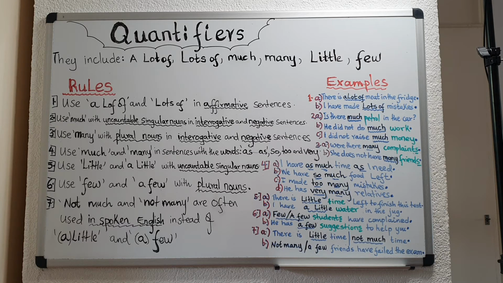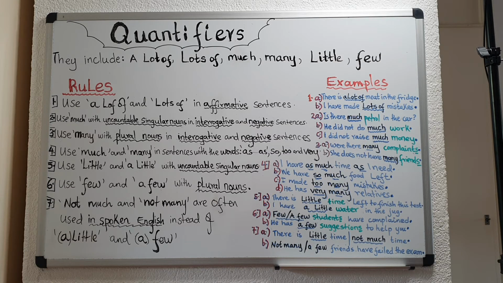Now, the next example, 3b. She does not have many friends. Now, what makes that sentence a negative sentence? It is the fact that you have used the word not. So that's why we're using many, because number 1, that sentence is a negative sentence, but also that sentence has the noun friends, and friends is plural.